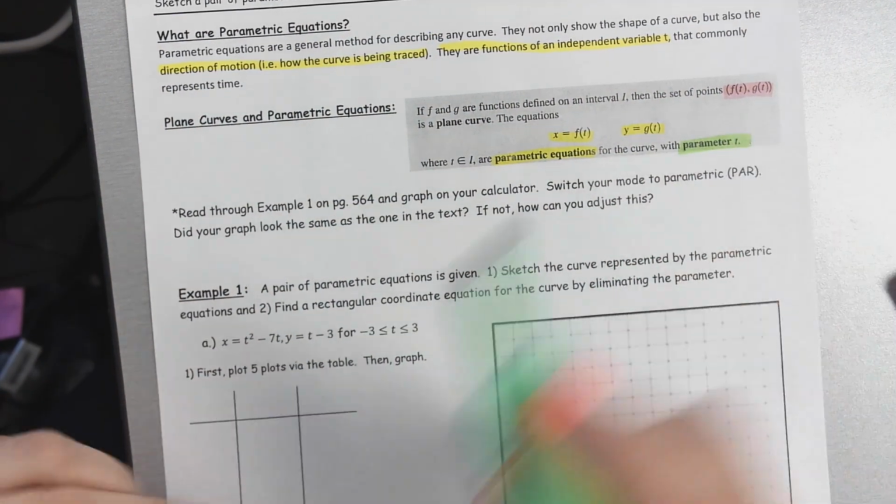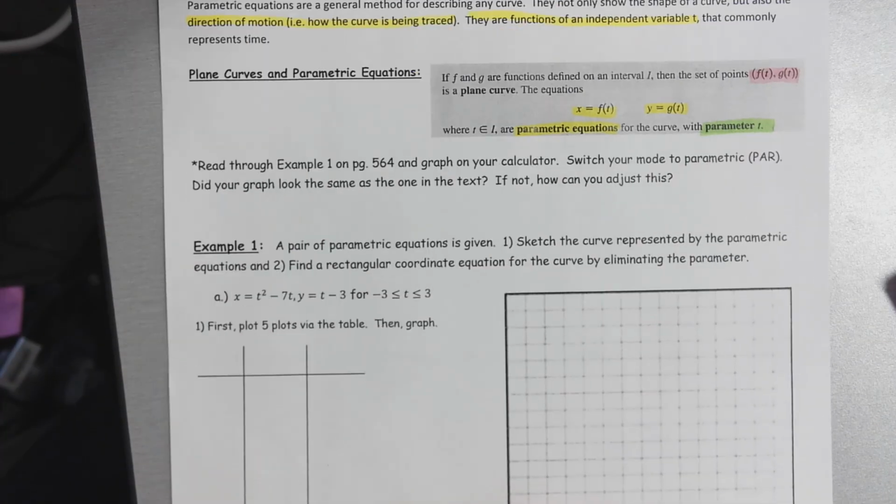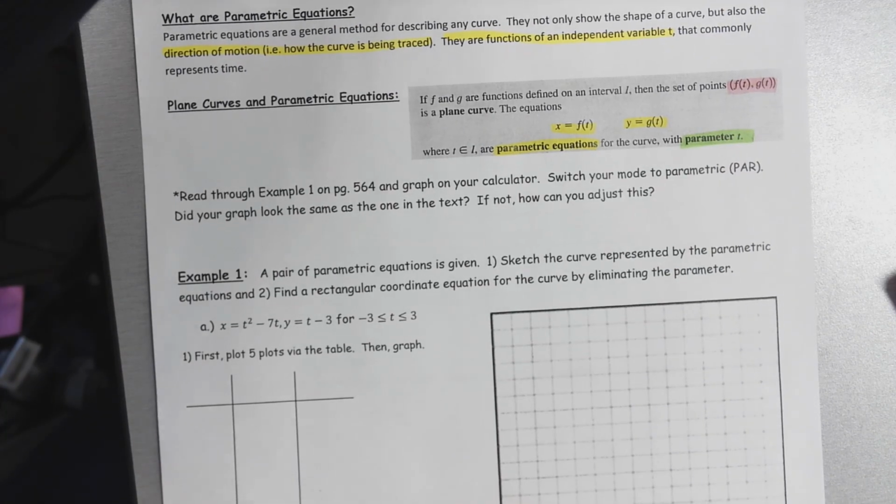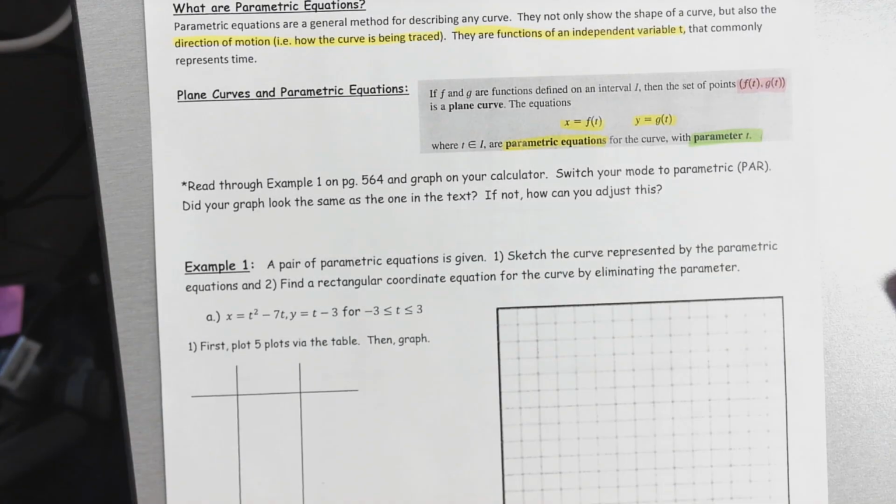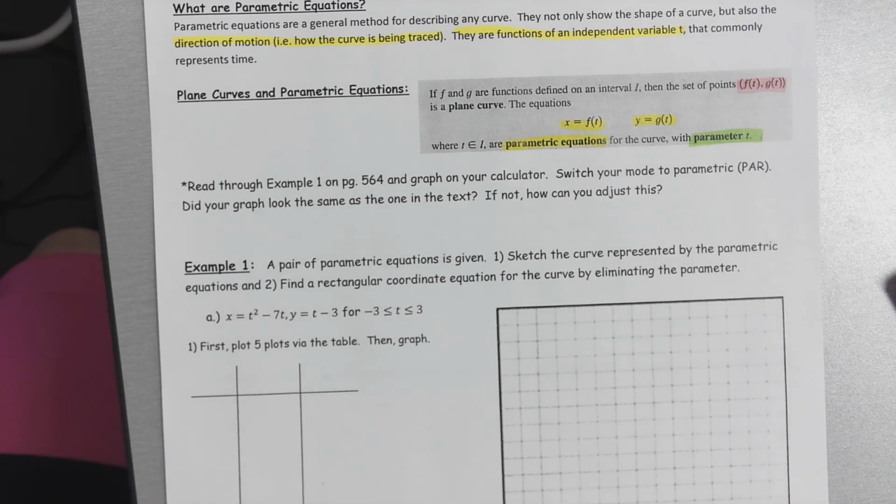And we're going to read through this example together on page 564, and we're going to graph it on our calculator. So you are going to have to switch your mode. Right? You can switch your mode to parametric mode.